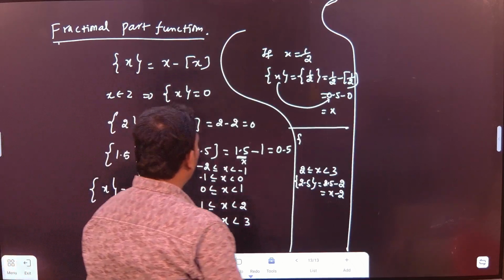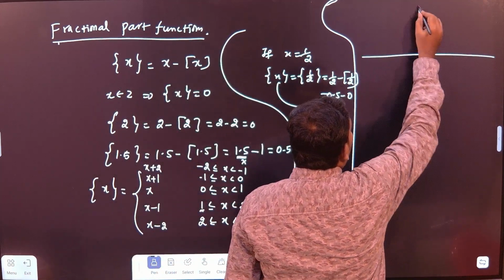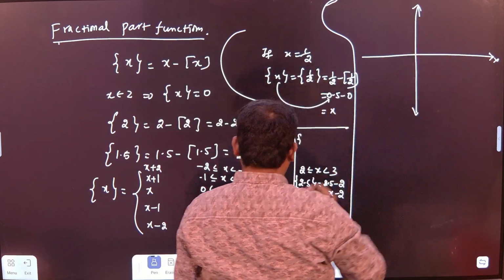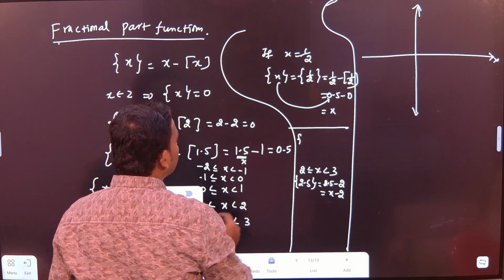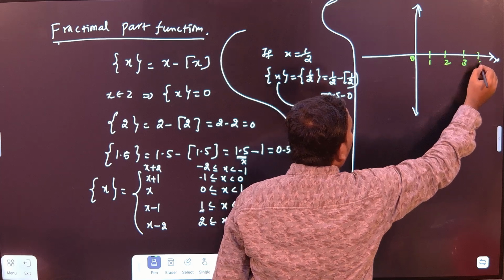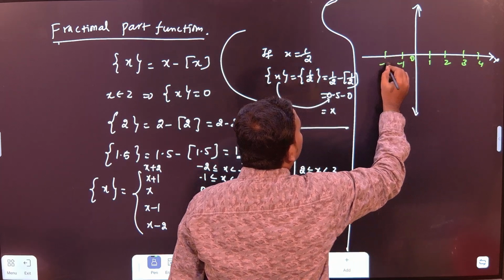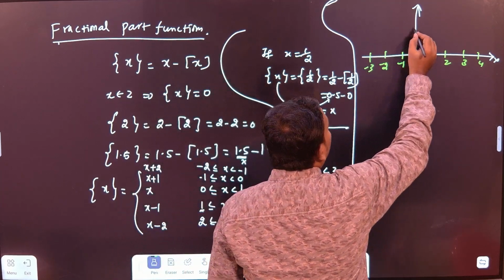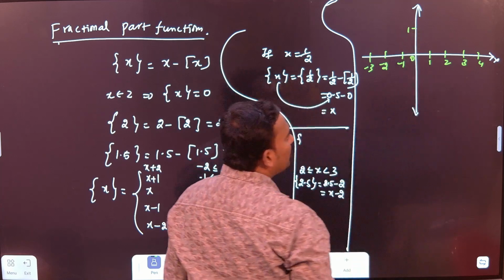Okay. Therefore, how to draw the graph of the fractional part function, you can see. Let me take the color. 0, 1, 2, 3, 4, here minus 1, minus 2, here is minus 3. Okay, so the output value here is 1 only that is required.